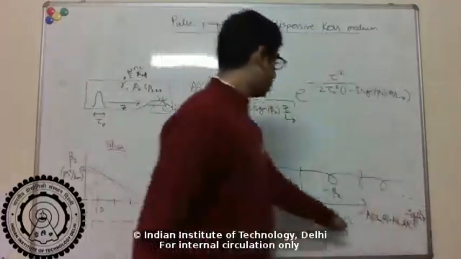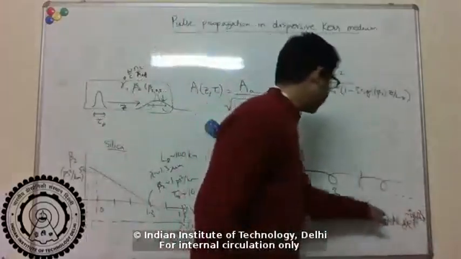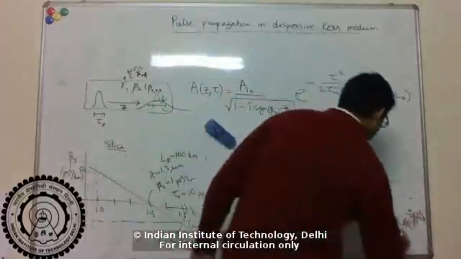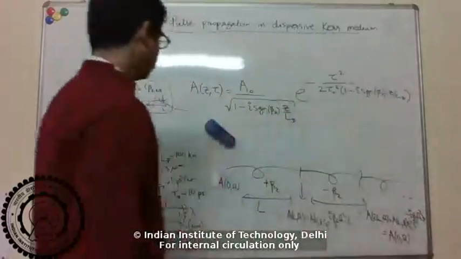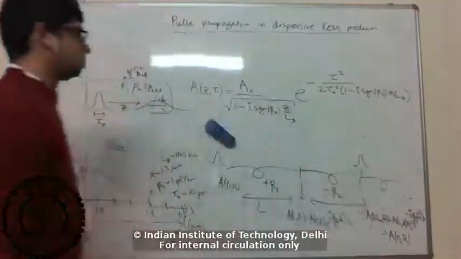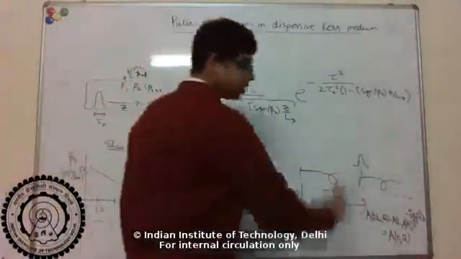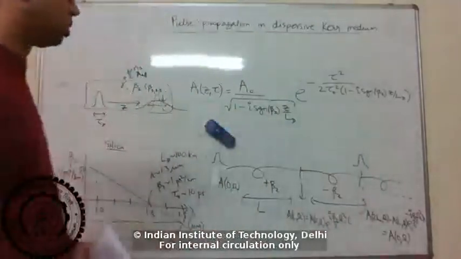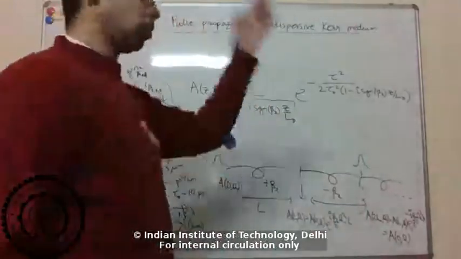So for A of L, if you substitute this, you can see that the phase factors will cancel out and you will just get A of 0. So whatever pulse you had here, you will recover that here, even though in the middle it's broadening. So this is one way to compensate for dispersion in long links.